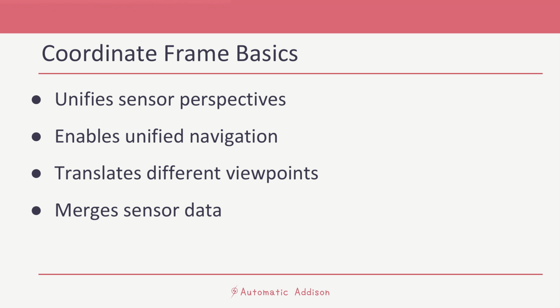This allows the robot to plan paths and avoid obstacles, taking into account its own dimensions and the location of objects detected by both sensors, the camera and the LiDAR. In essence, coordinate transformations enable the robot to make sense of the world by unifying the different perspectives of its sensors.